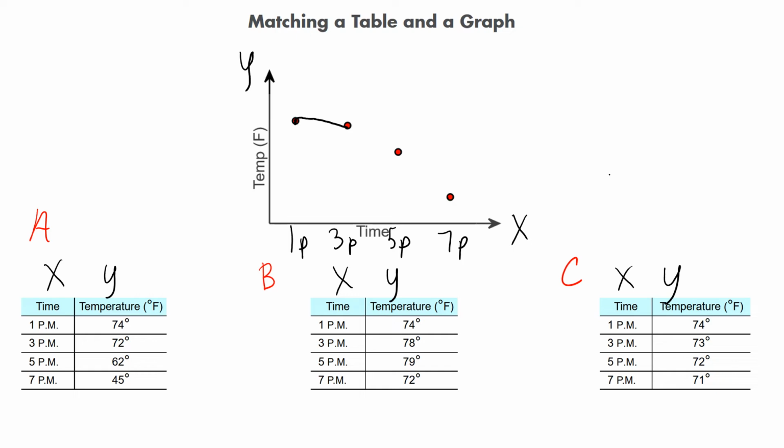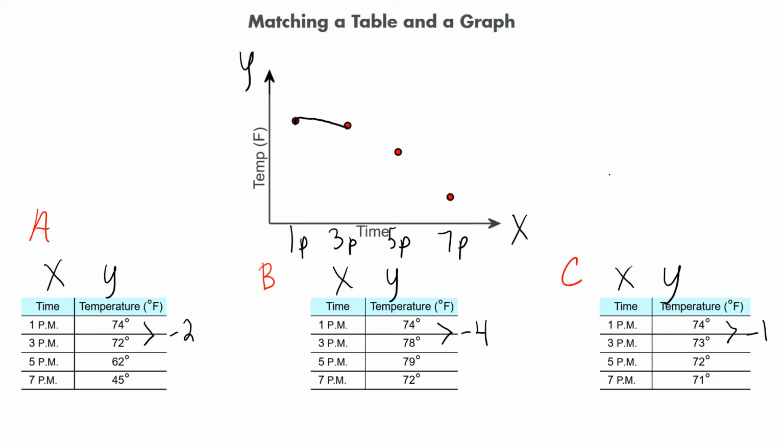All right, so let's look at table A. The difference between 1 p.m. and 3 p.m. is -2 degrees. Table B, we have a difference of -4, and then table C is a -1. So far, I can already tell you B does not look like it matches because it doesn't look like -4 degrees difference, but let's just keep going to make sure.